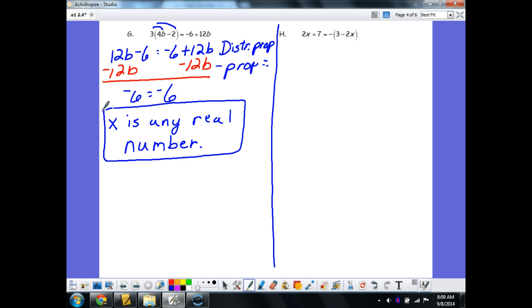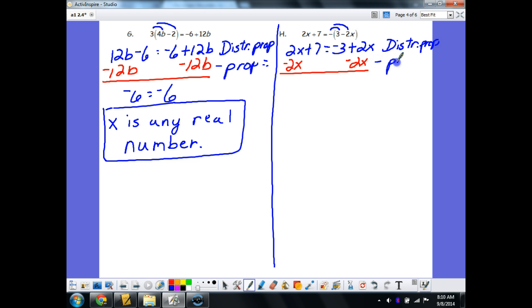And last, solving H. Once again, we have the distributive property. We're going to distribute that negative sign, which just changes the sign of everything inside. Now we want to use the subtraction property of equality to get the x on the same side.